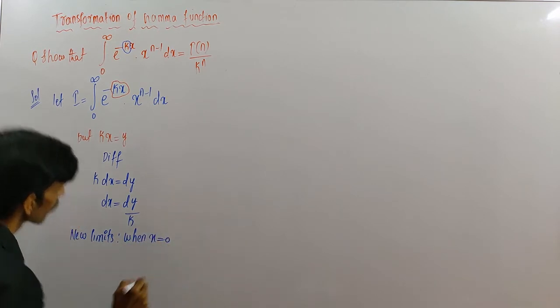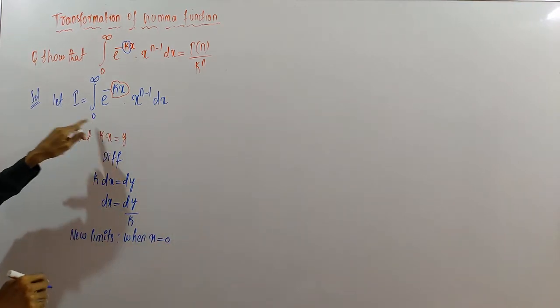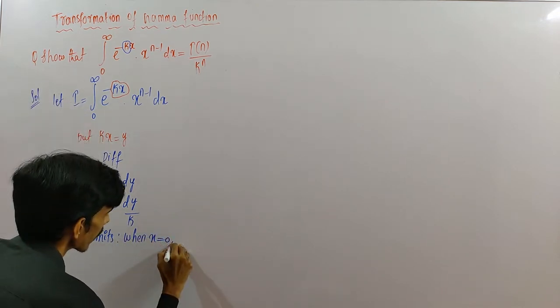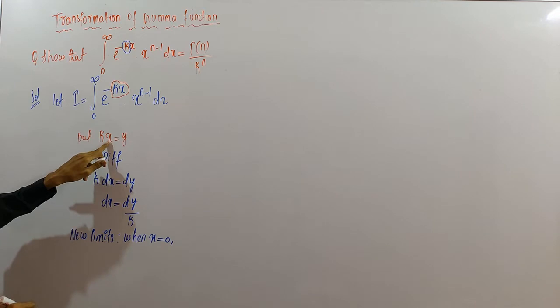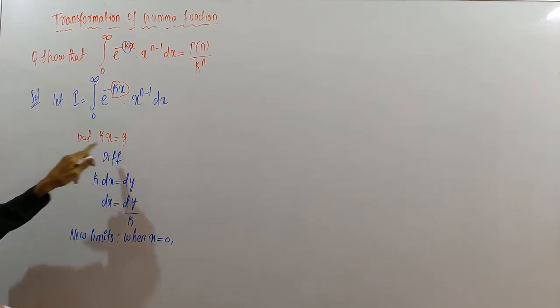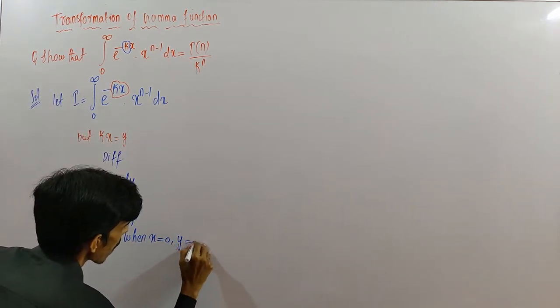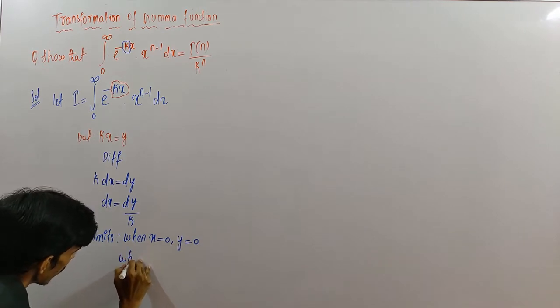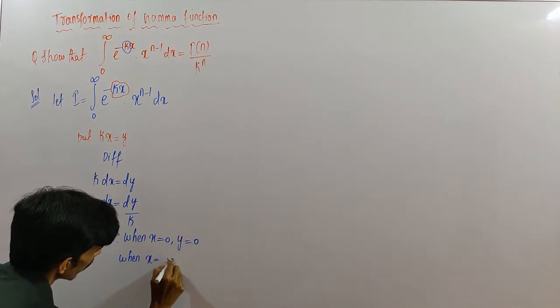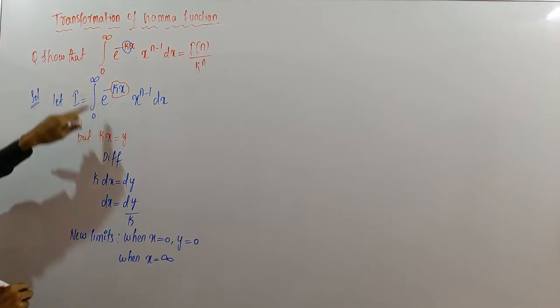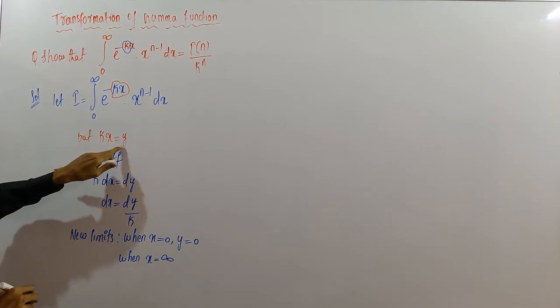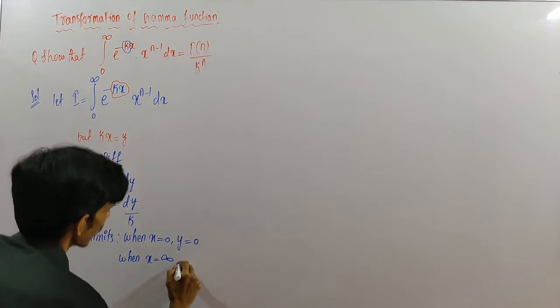When x is 0, that is the lower limit, substitute x as 0 here, so k into 0 is 0, y will be 0. Upper limit for x is infinity, substitute infinity here, k into infinity is infinity, so y will become infinity.